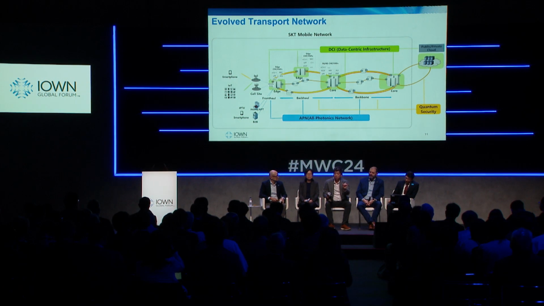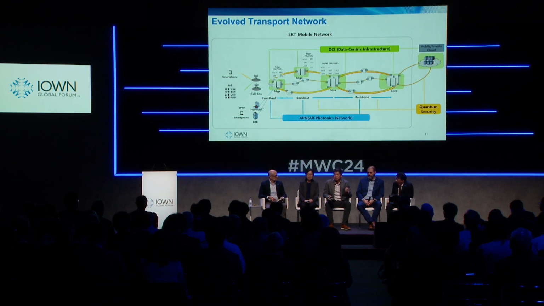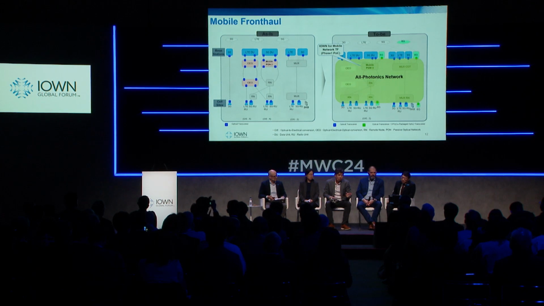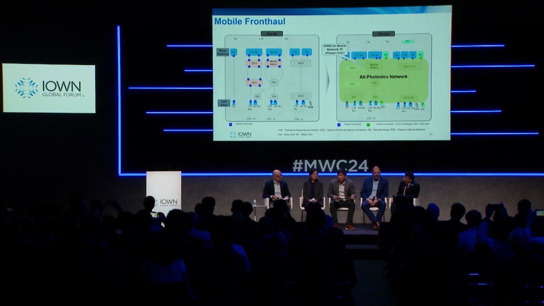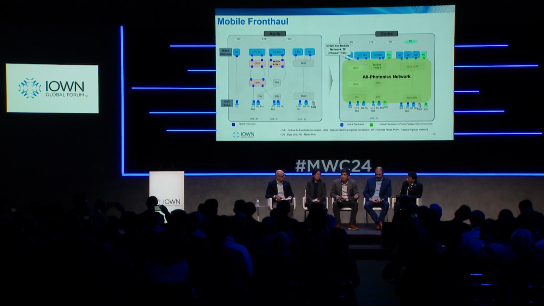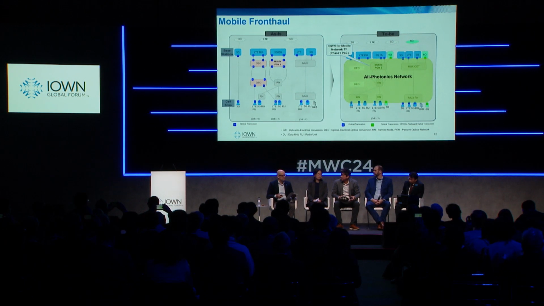So the transport between DU and RU is very important because the number of fronthaul links is very large scale, and the importance of fronthaul in terms of energy efficiency and cost efficiency is very high. From that perspective, APN is one of the crucial components to save energy and to save cost. That's it. Okay, thank you very much.